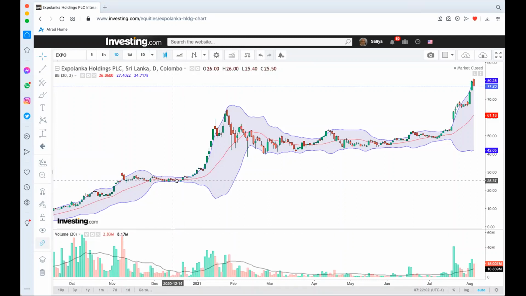Then when they separate from the middle line, that shows that the volatility has started increasing. So that's one of the major features in the Bollinger Bands, and as I mentioned, you can also make use of them for those other strategies. Apart from this, I wanted to touch on the parabolic stop and reverse indicator.